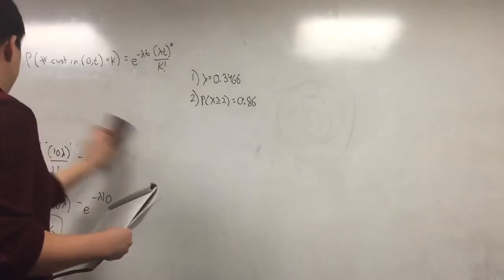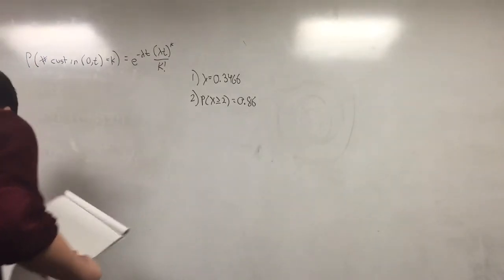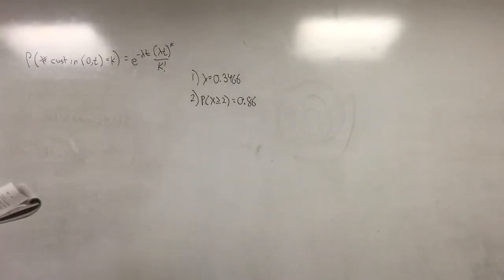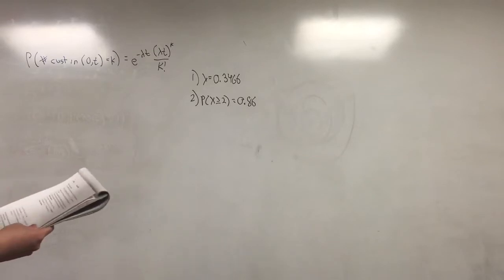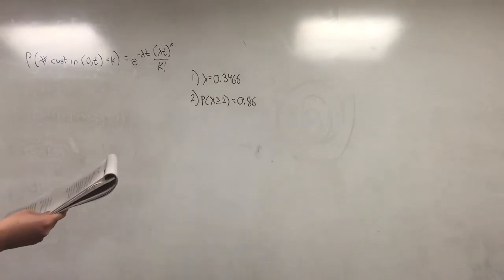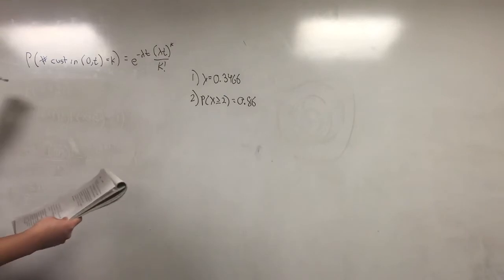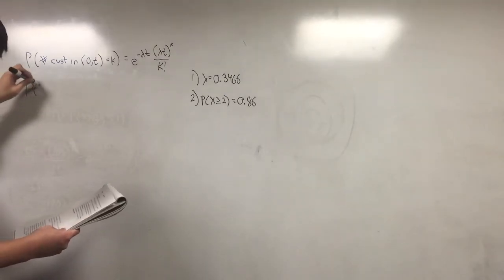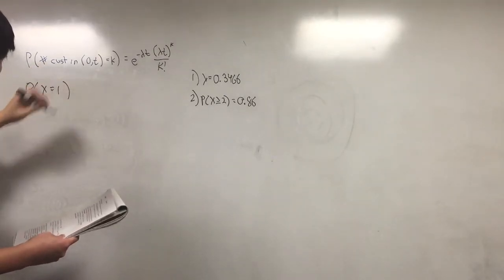Alright, part 3. For part 3, we're asked to find the probability that exactly one customer will arrive in 1 minute. So that's equivalent to saying the probability of just x equal to 1.